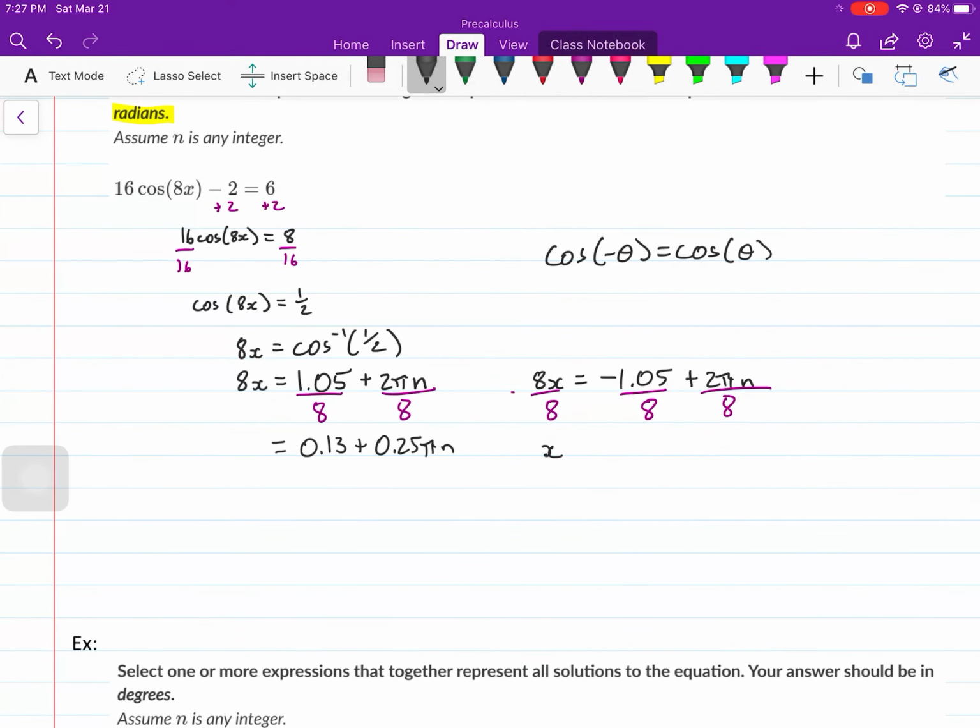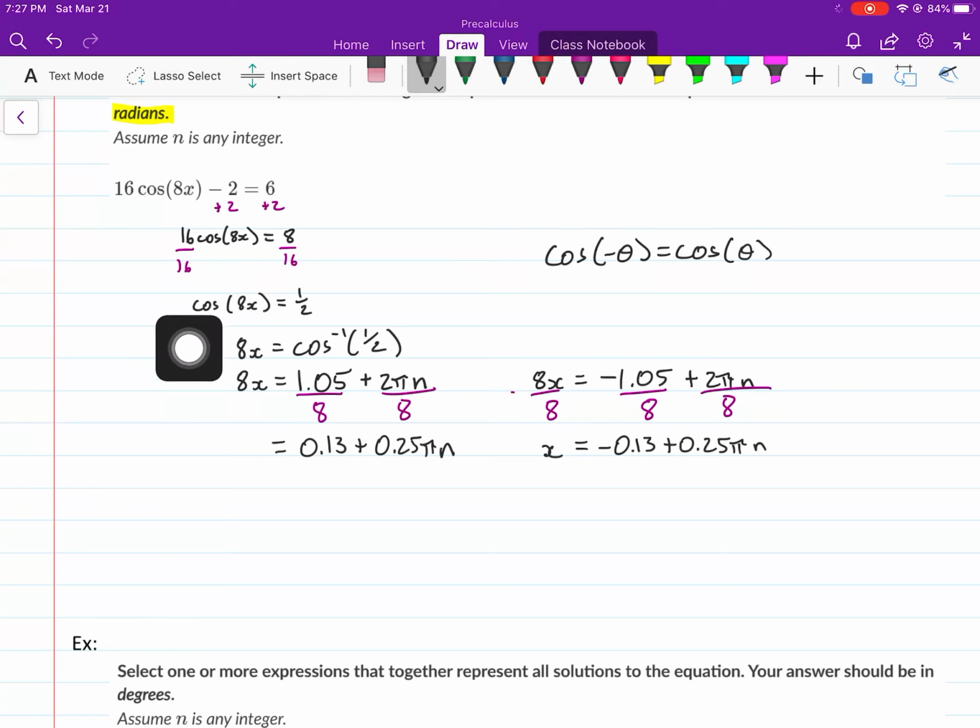And then it's also going to be negative 0.13 plus 0.25 pi n. Clean this up a bit. And that's how you solve that one.